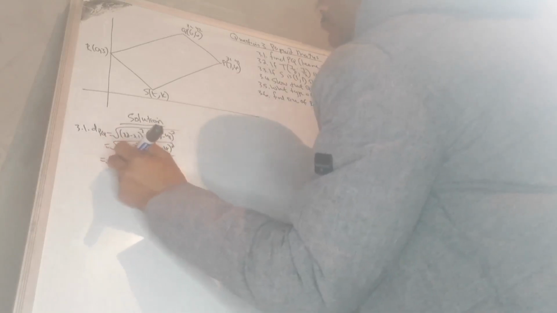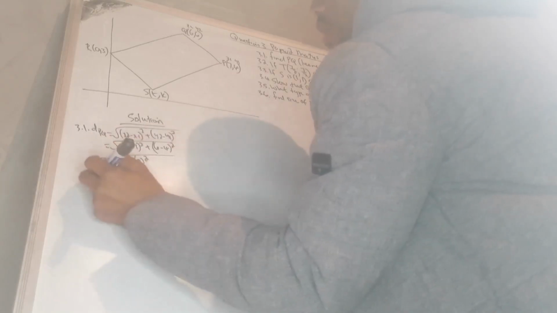That is minus 1 squared plus 2 squared, which is 1 plus 4, root 5. They said we should leave our answer in surd form.